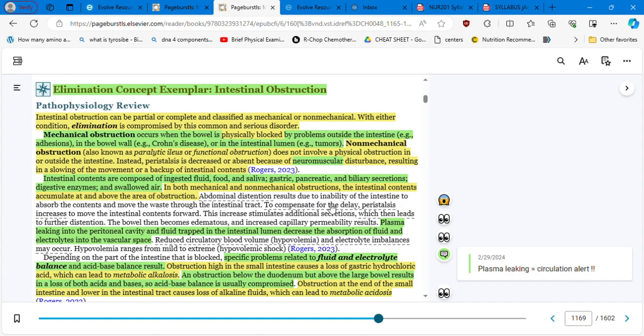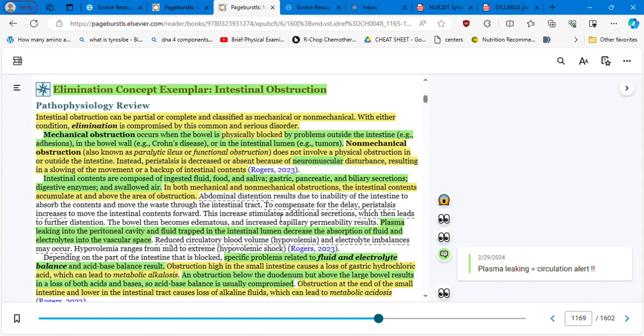To compensate for the delay, peristalsis increases. So I have the obstruction at the beginning of the jejunum, and the content cannot go through. So the peristalsis is going to increase to move the intestinal content forward.